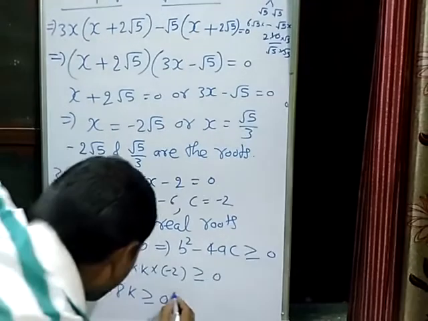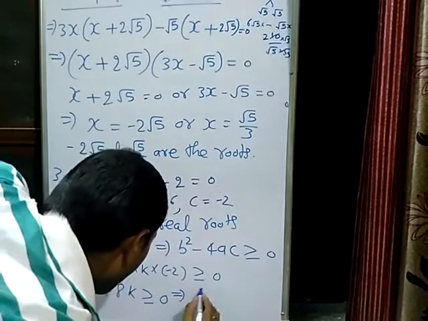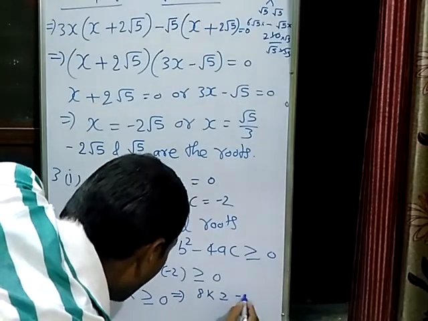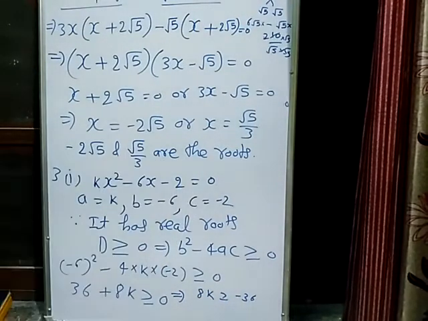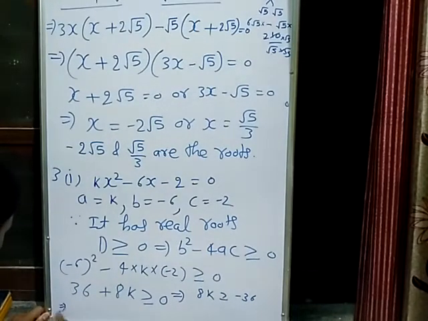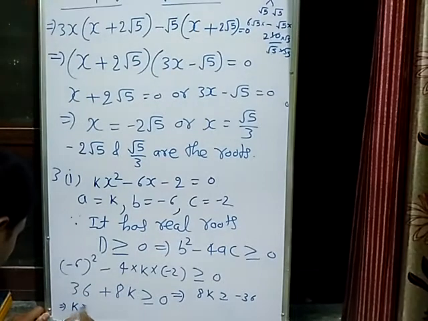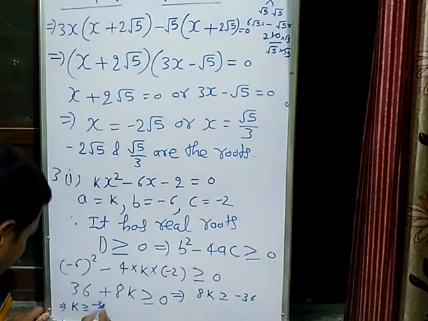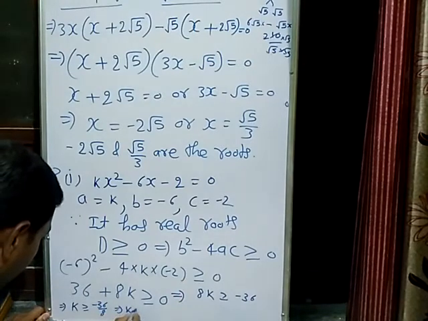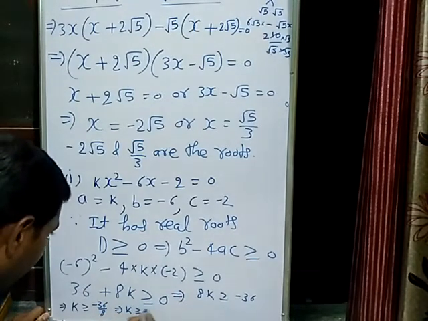So this implies, if you look at it, 8k should be greater than or equal to minus 36. Correct now? So k should be greater than or equal to minus 36 by 8, and this implies k must be greater than or equal to, divide by 4, what will it be?